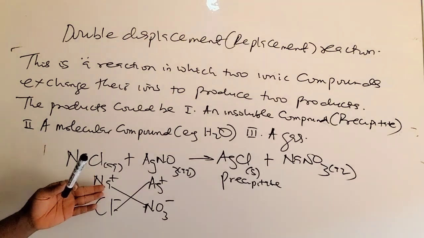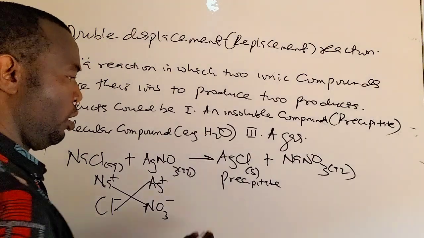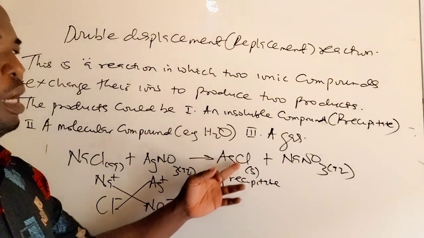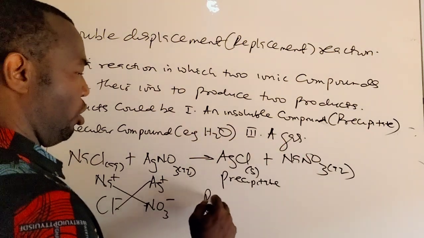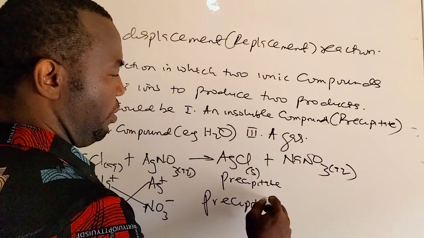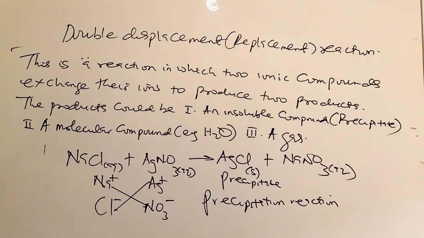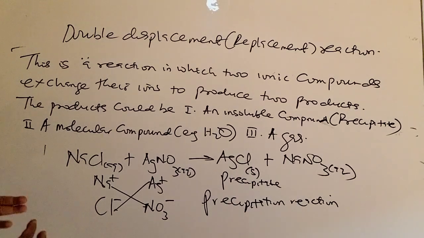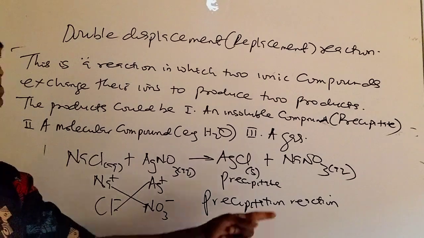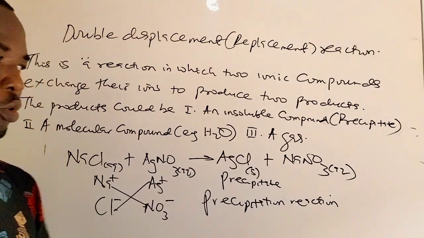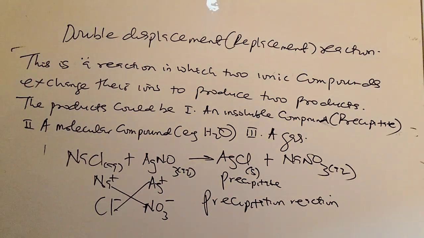So this reaction, in which two solutions meet to form one solid, is called a precipitation reaction in chemistry. So precipitation reaction is one of the examples of double displacement reaction, whereby two ionic compounds come together to produce one solid, meaning one insoluble compound, and an aqueous compound.